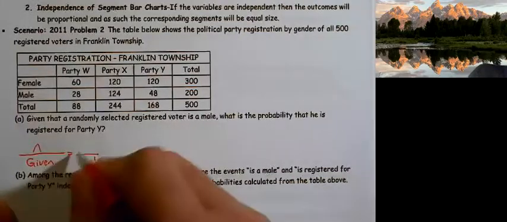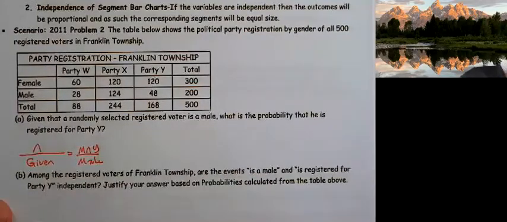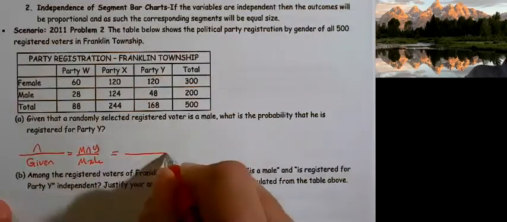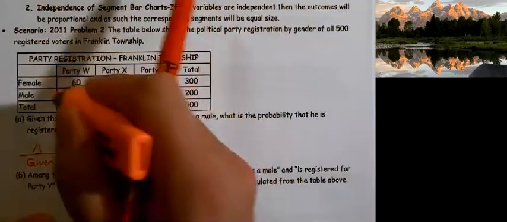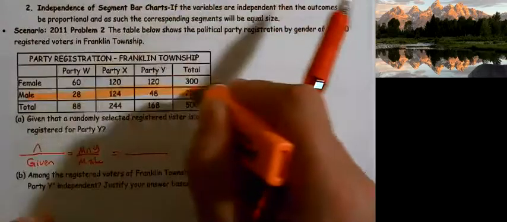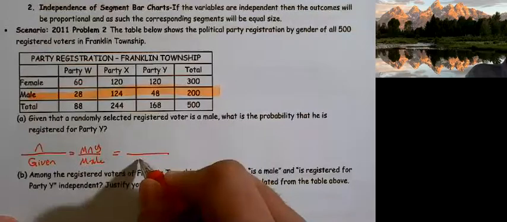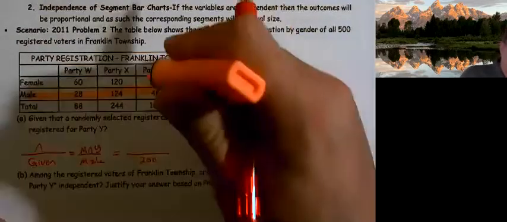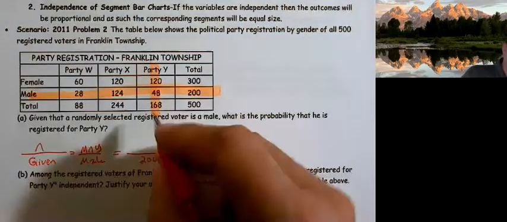And we're going to look for the intersection between male and party Y. And I'm just going to put male and Y. Okay. So they told us male. So we have 200 who are male. And we're looking for the intersection, which is 48.